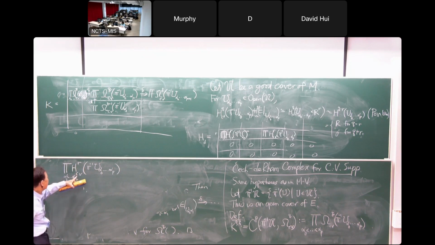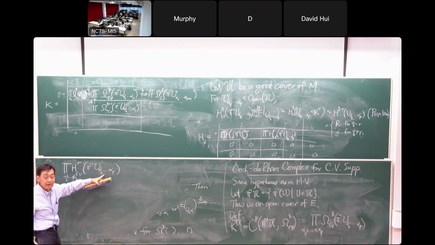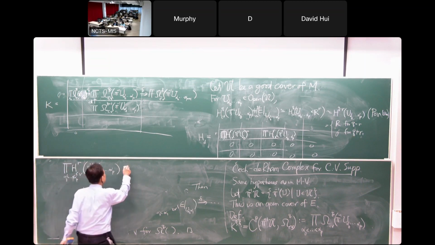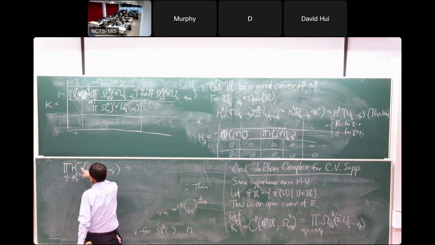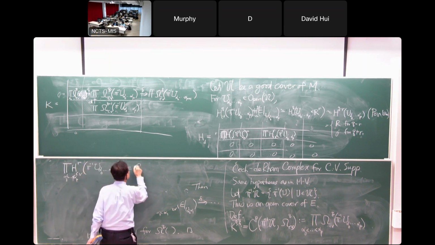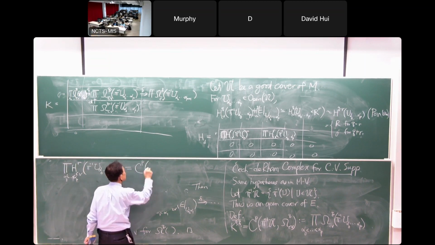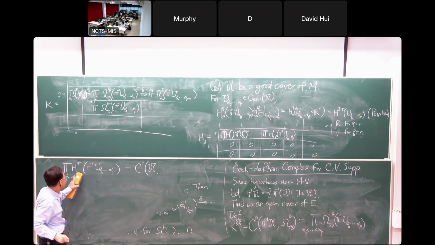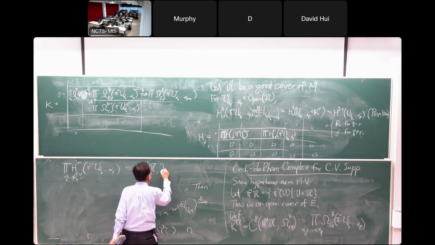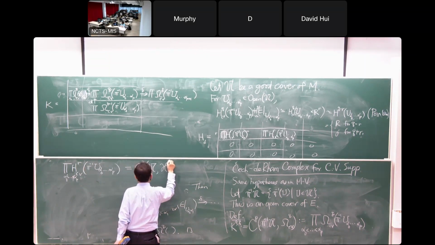Well, so this is the pre-sheaf on the open set U. These are the Cech chains of the open cover U with values in the pre-sheaf H^r of pi inverse.